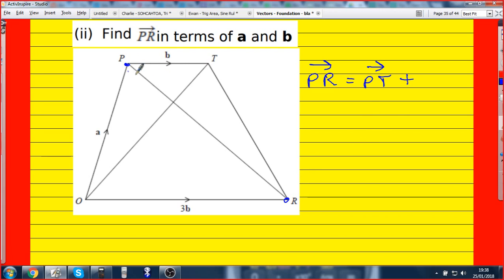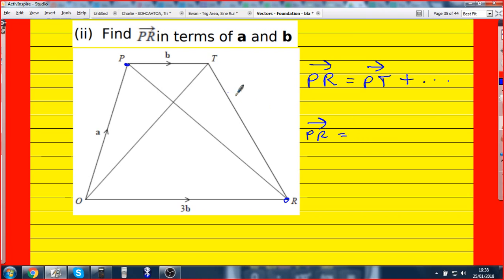If we go P to T, then we get stuck, I think. Okay, so you do P to R, then R to O, and then O to P.